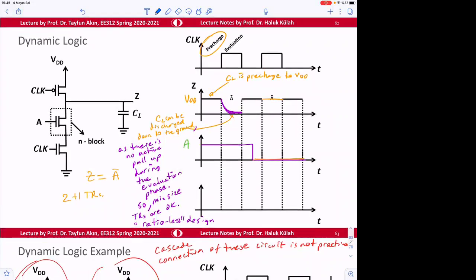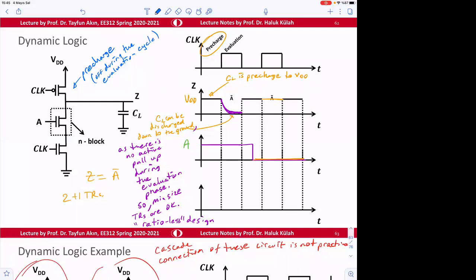So this is used for pre-charge, but then it turns off during the evaluation cycle.